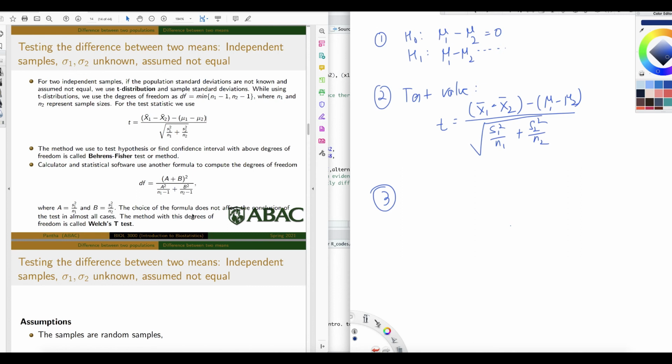The choice of formula does not affect the conclusion of the test in almost all cases. The method with these degrees of freedom is called the Welch test, so software like R will use this test.